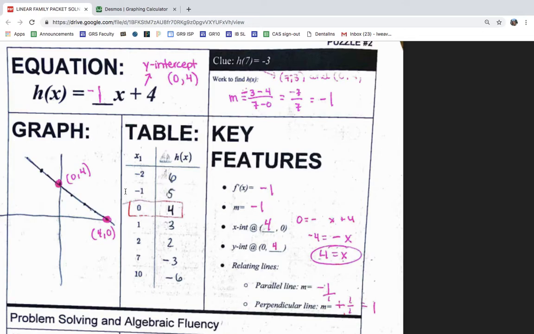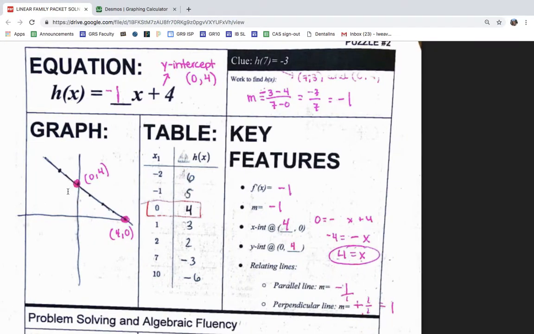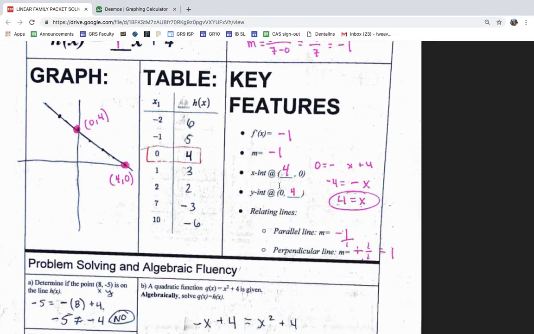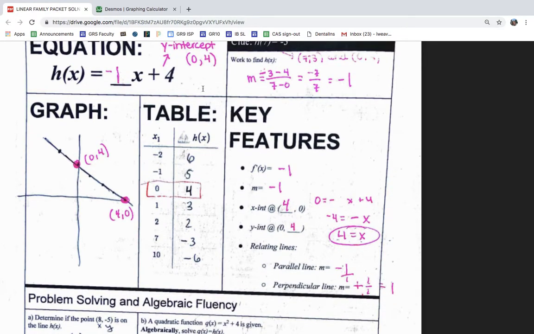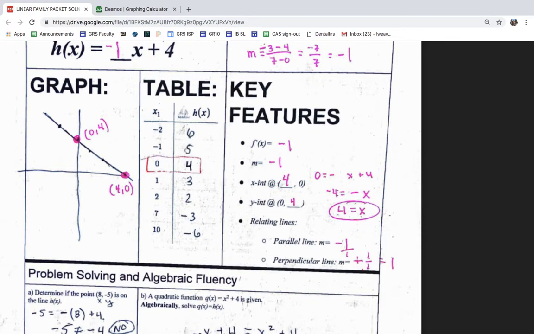We could now do our graph by plotting these points. So you can see I've made little dots, and those represent my data points from the table. And I got my x-intercept over here by substituting 0 in for y and setting it equal to -1x plus 4. Subtract 4 on both sides and divide by -1, and I get that my x-intercept must be 4, 0.